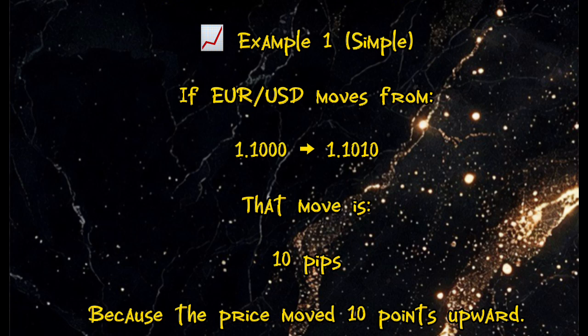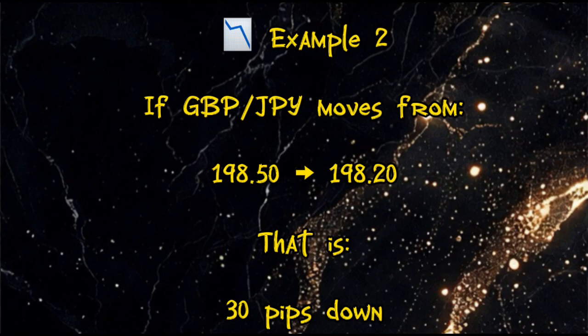And look at this example too, because we have different types of pip calculation, especially when you deal with currency pairs. In pairs like EUR/USD, you can understand them fine. But currencies like GBP/JPY, EUR/JPY, USD/JPY are calculated in a different way.